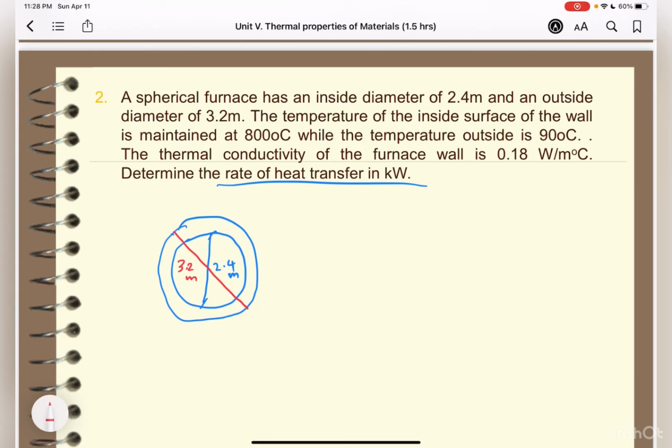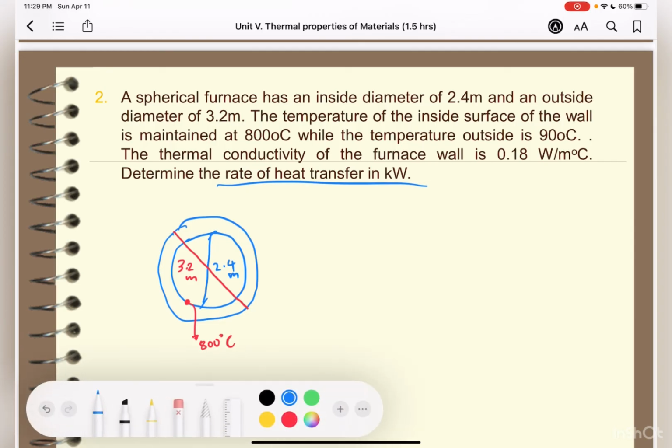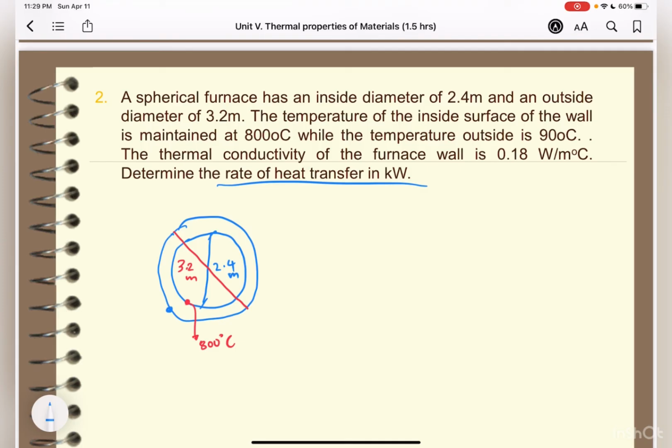The inside wall here is maintained at 800 degrees C, while that outside is at 90 degrees centigrade. Now we're tasked to get the rate of heat transfer, of course, from the inner going to the outer. So assuming this would be the Q that we are looking for.